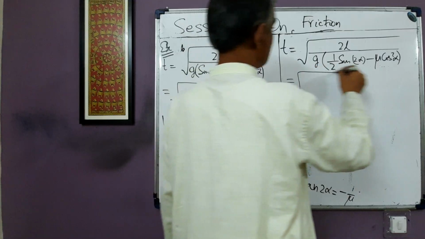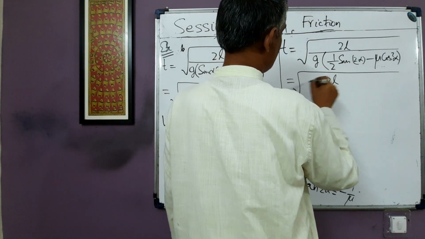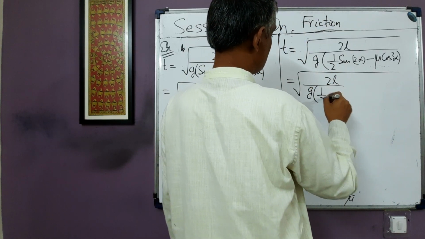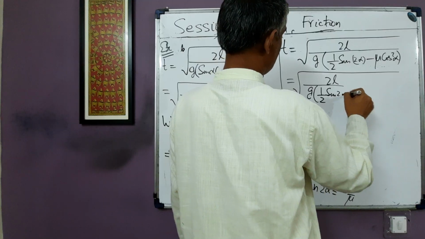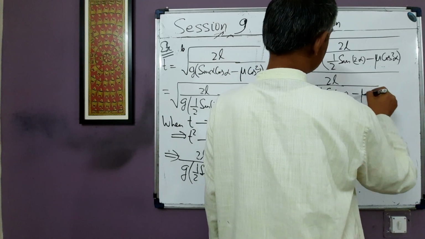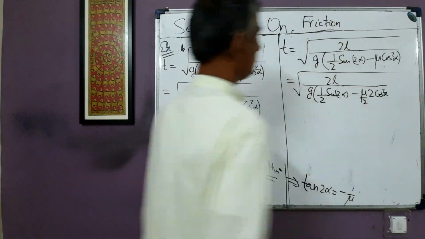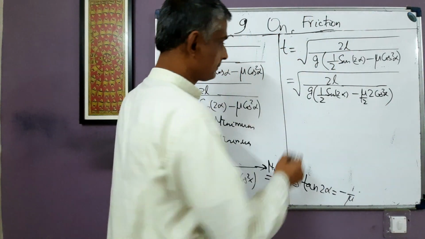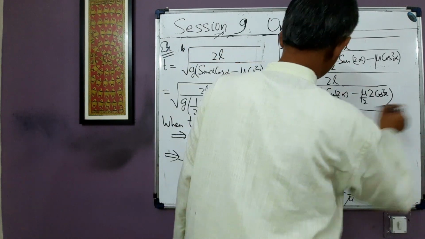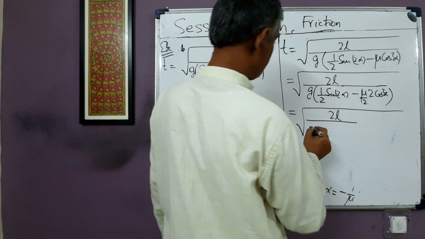This becomes root under 2l by g, half sin 2 alpha minus mu by 2 cos square alpha.